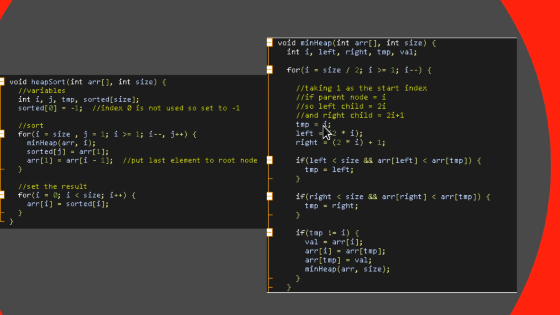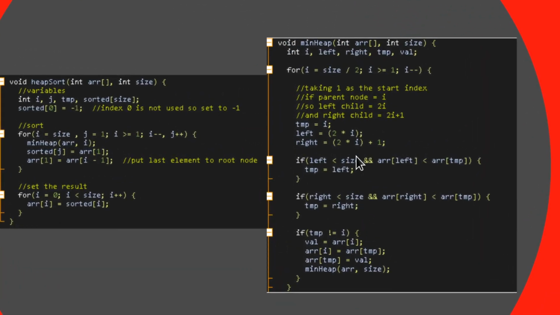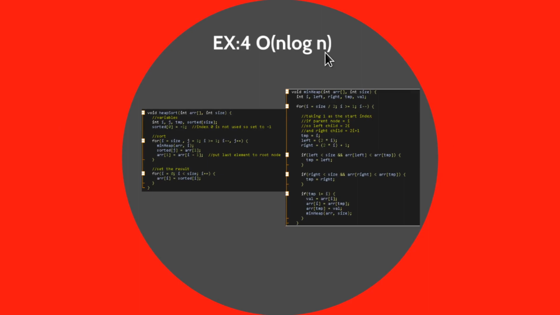However, since big O considers the worst case, we must assume at least one of these if statements is activating with each pass and forcing every new entry to be shuffled through the heap to the top. This process is similar to the binary search and will cause an order of log n. Since the two loops are within the same function, they will be multiplied together to give us n log n.